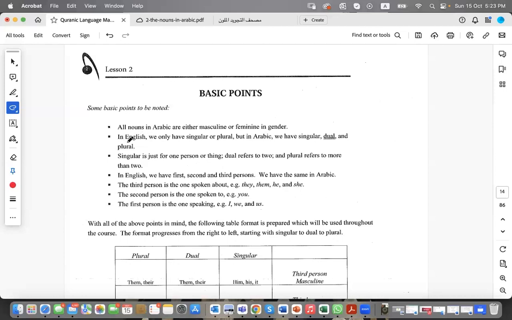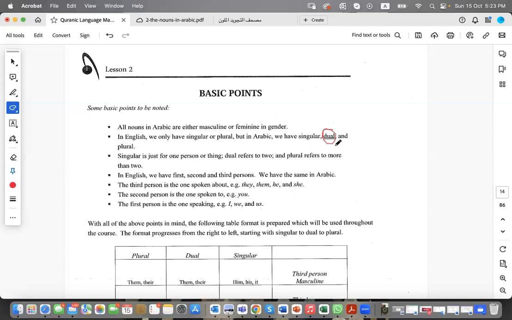The next point here. In English, we only have singular or plural, but in Arabic, we have singular, dual, and plural. So dual is something different that we don't have in English, and it does exist in Arabic and is very important. Dual means that I have a certain ending that I add at the end of the word to say that I have only two of this thing I'm talking about.